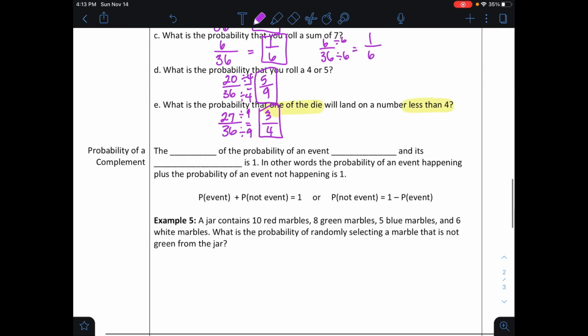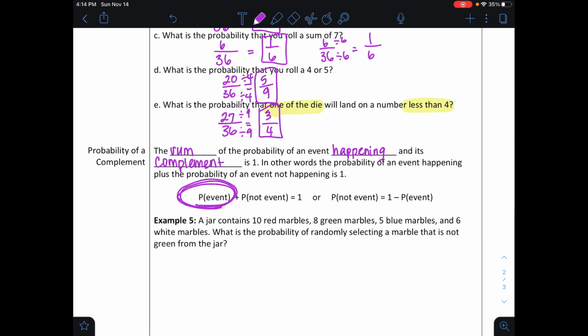Moving on to complement. This one's real simple. It sounds complicated, but it's really not. The sum of the probability of an event happening and its complement is 1.